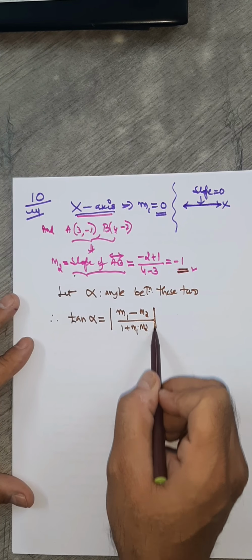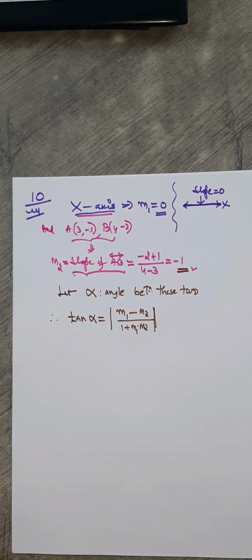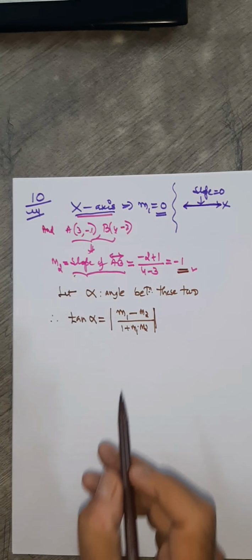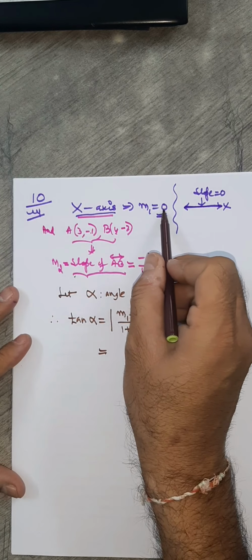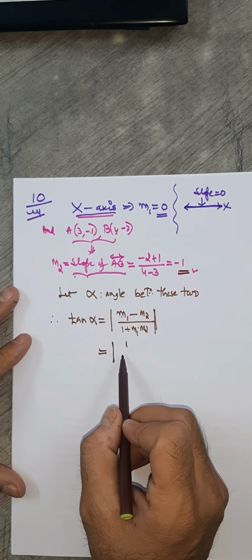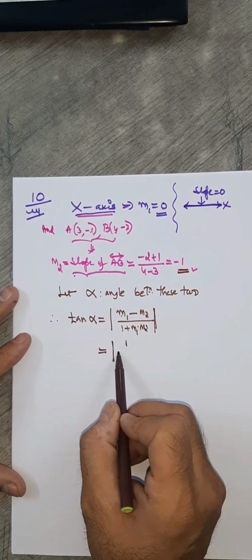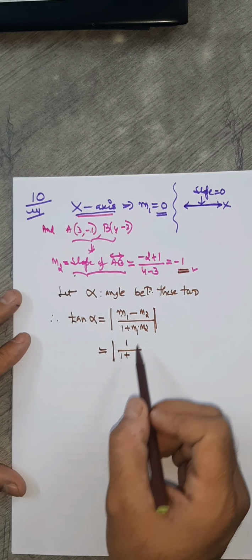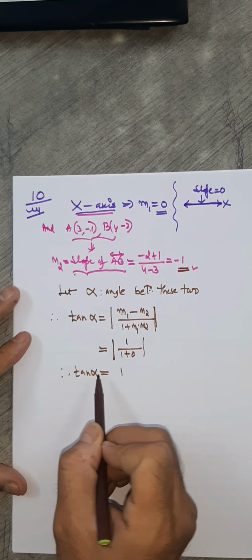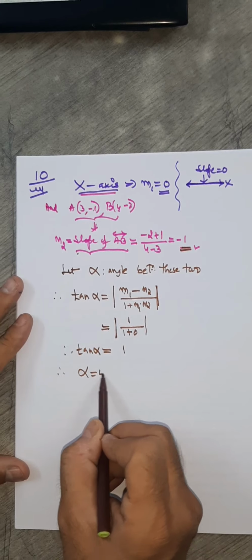You have prepared this formula; we already studied this. So put the values here. What is M1? 0. So the numerator is 1 here, and the denominator is 1 plus 0, so we are getting 1. Tan alpha equals 1, so you know alpha equals 45 degrees.